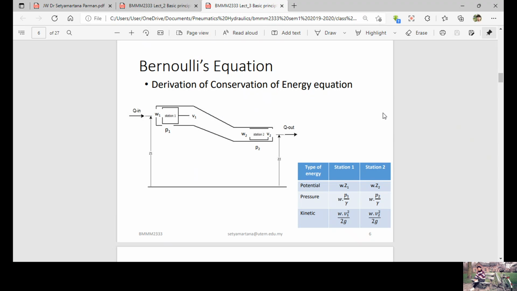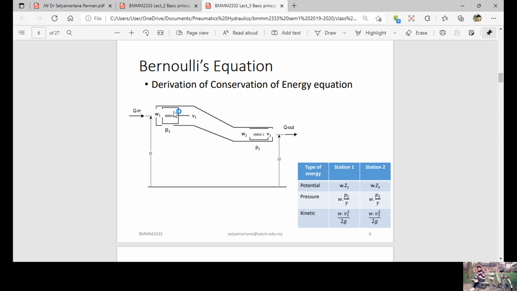Then again, when we studied fluid mechanics, we know exactly Bernoulli's equation. So the Bernoulli equation is a derivation of the conservation of energy equation. If we have this configuration of pipe, then we can take a certain volume as a control volume.